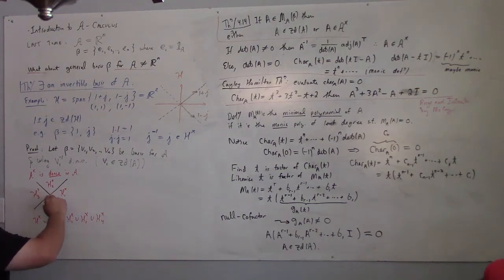Yeah, because there are definitely points in my example, like points over here, that are nowhere near the zero divisors. Points outside of these are nowhere near the zero divisors.